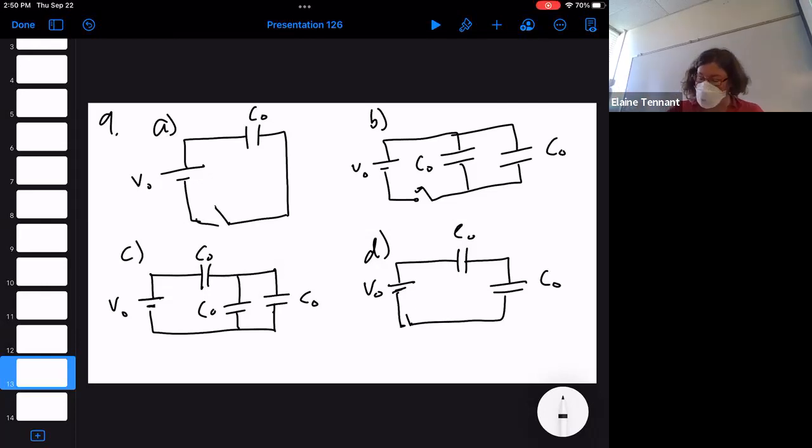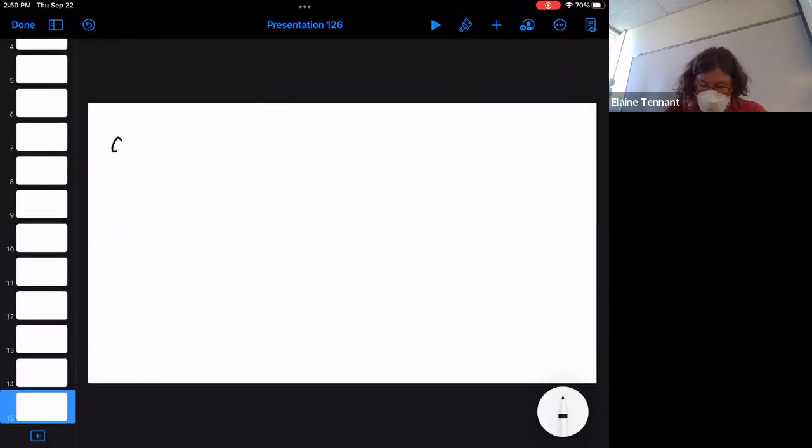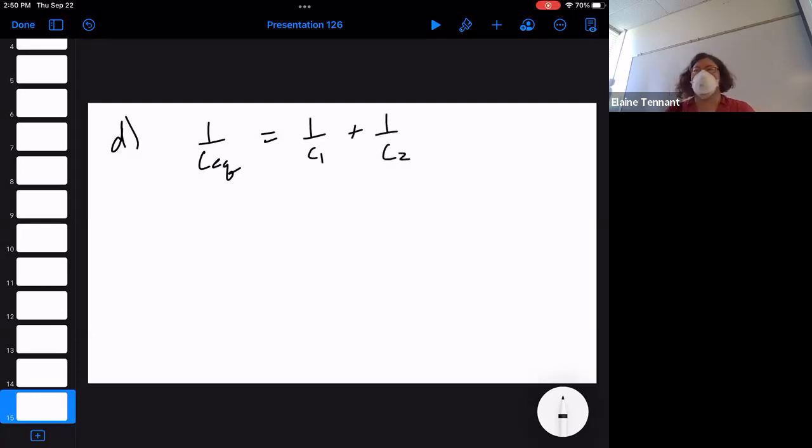Let's do some math. In particular, let's find the equivalent capacitance of D, just to prove this to ourselves. So for D, it's in series. So 1 over C equivalent is going to be 1 over C1 plus 1 over C2. Now this is pretty easy because they're both C0, right? So they're both the same.